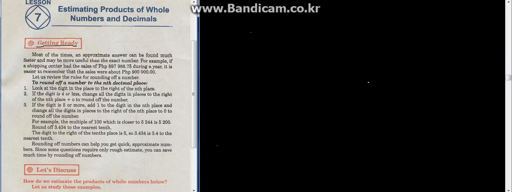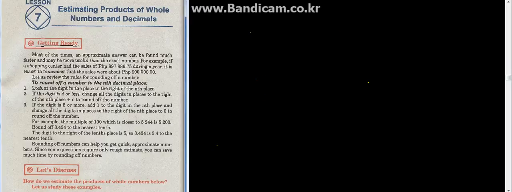To round off a number to the nth decimal place, look at the digit in the place to the right of the nth place. I'll write a number on the black screen so we can have an example. So rounding off a number to the nth decimal place. Let's say the 10th decimal place. Look at the digit in the place to the right of the 10th place. So we have a 2 here.